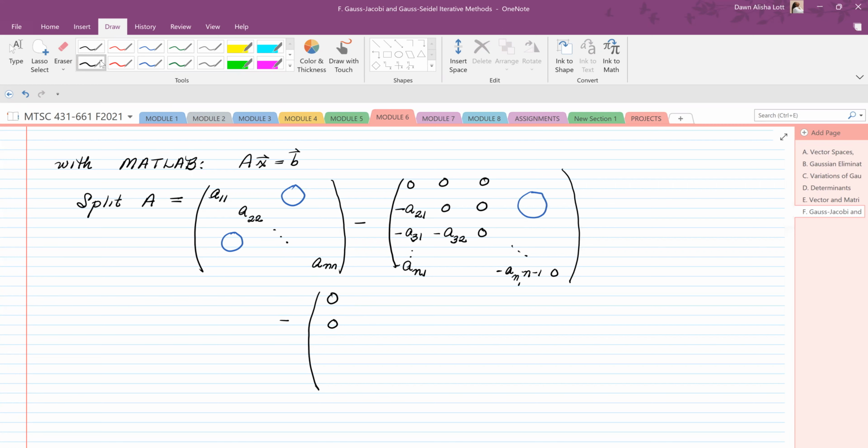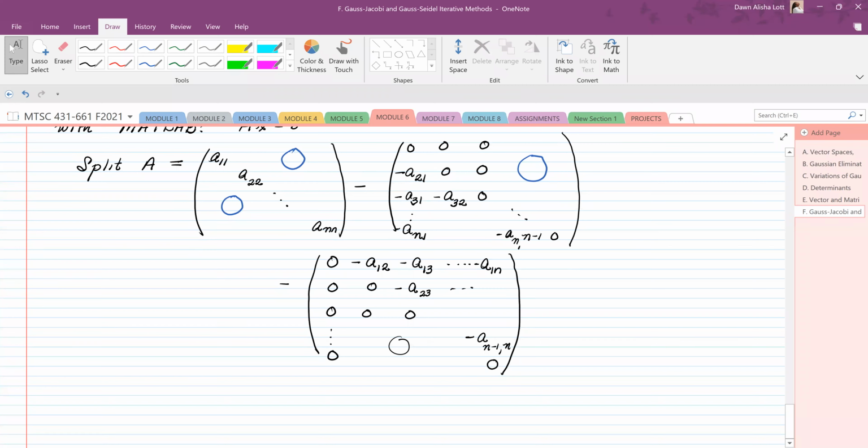This should be negative A12, negative A13, all the way to negative A1N, then zeros, and negative A23, and the last one should be negative A N minus 1, N.